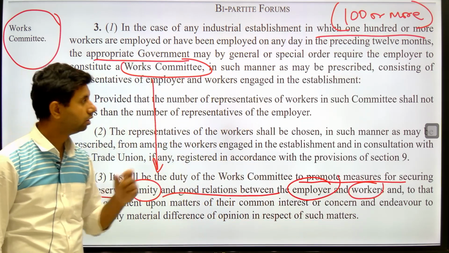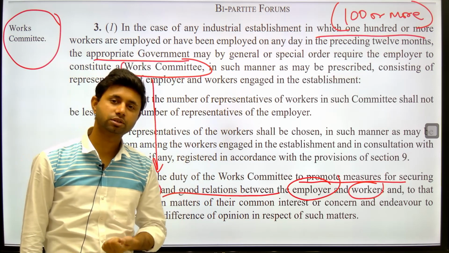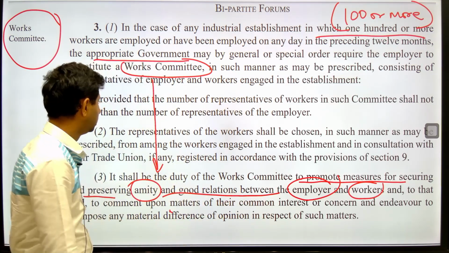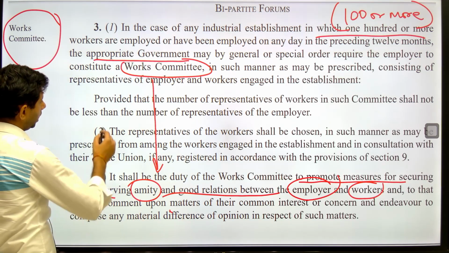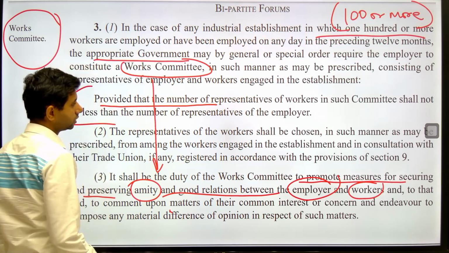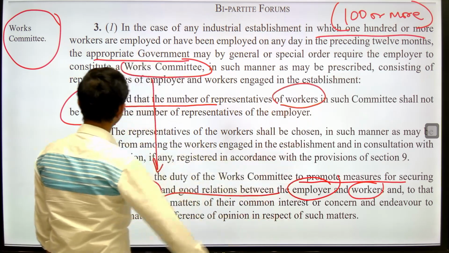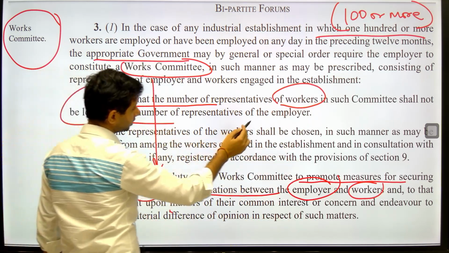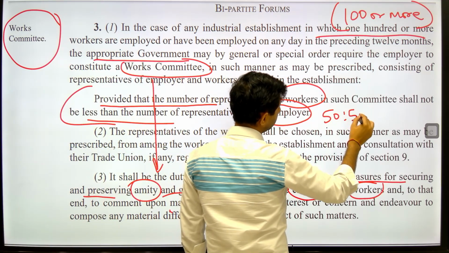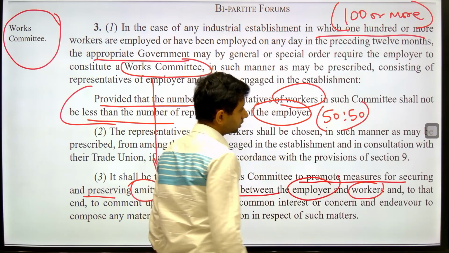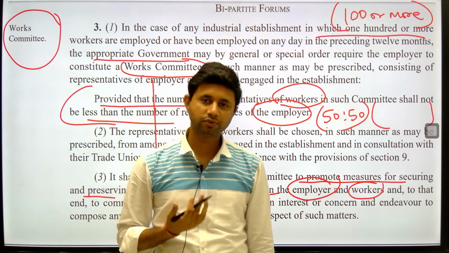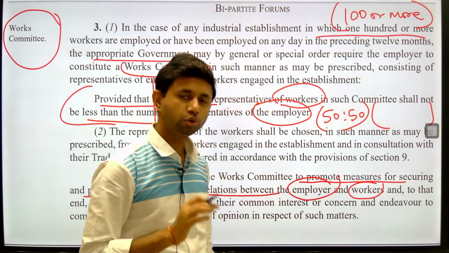So now you know the conditions after which a works committee will be established and what is its primary duty. And the membership is provided that the number of representatives of workers in such committee shall not be less than the number of representatives of the employer. So that means 50-50, or at least the numbers of representatives of employer and employee should be the same.